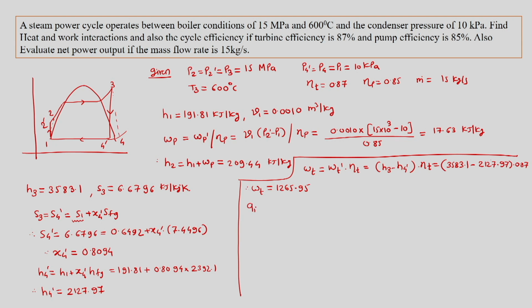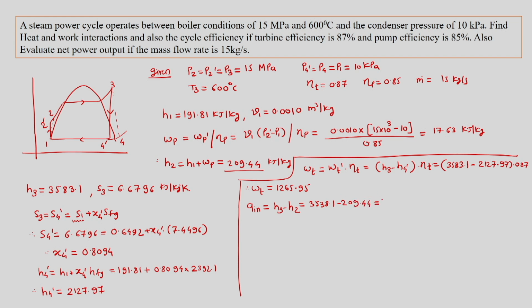1265.95. Then we can go ahead and find out Q in, which is H3 minus H2, and H3 is basically 3583.1 minus H2, and H2 we have noted down here as 209.44.